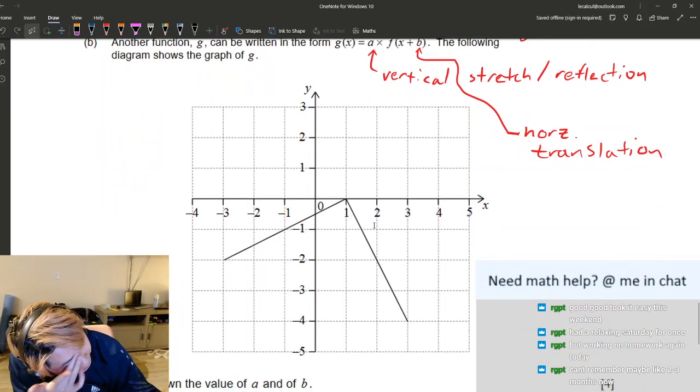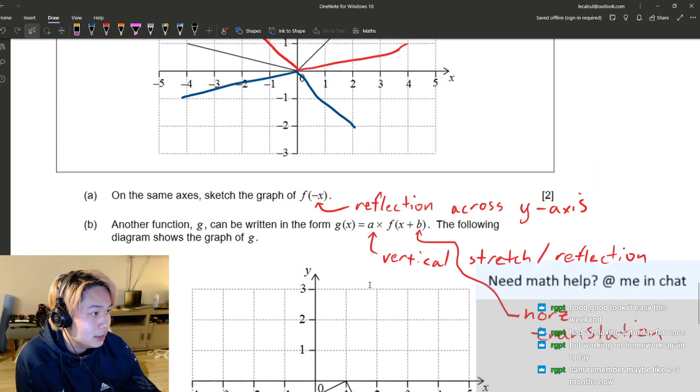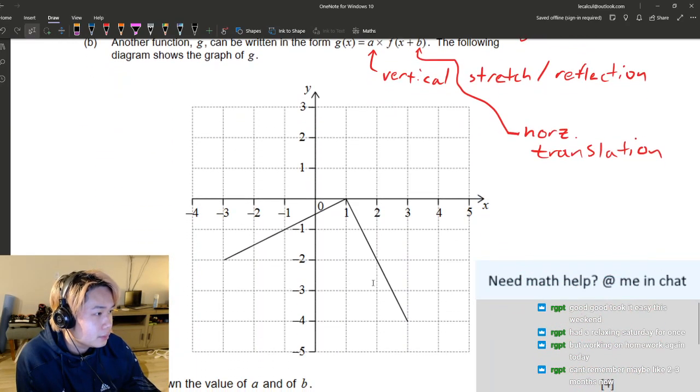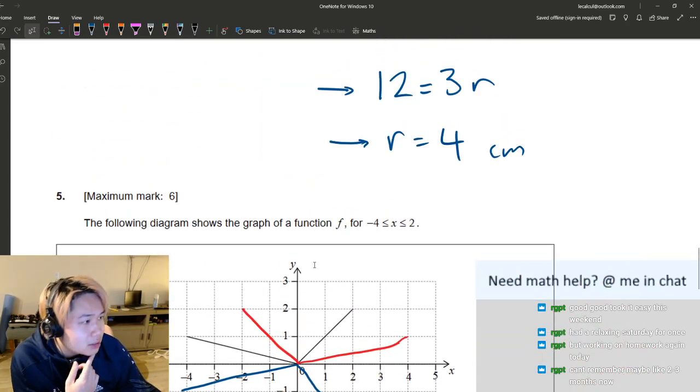And then as you can see, it kind of gets pulled downwards and it gets vertically stretched. This is a little weird.